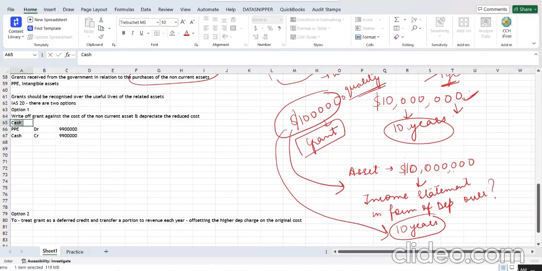If your cost of asset is 10 million and grant income is 1 million, I would do this minus this.